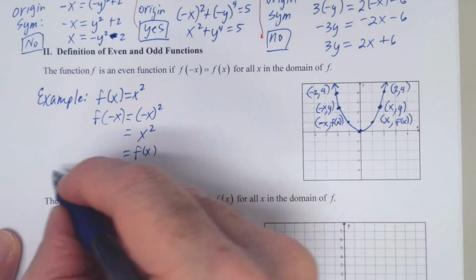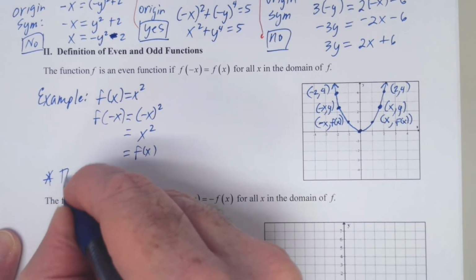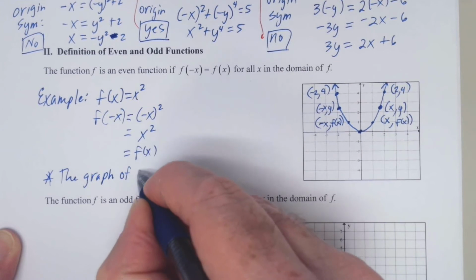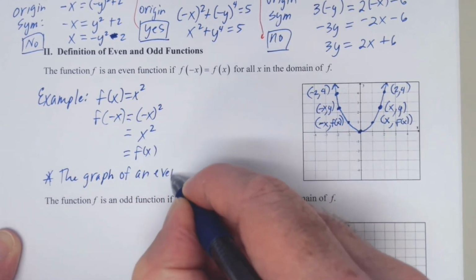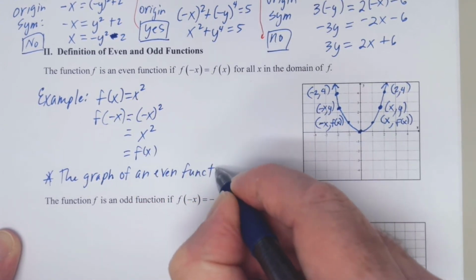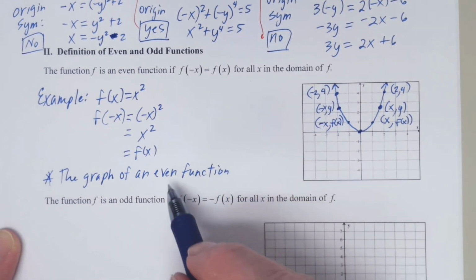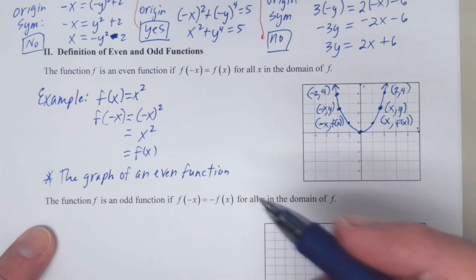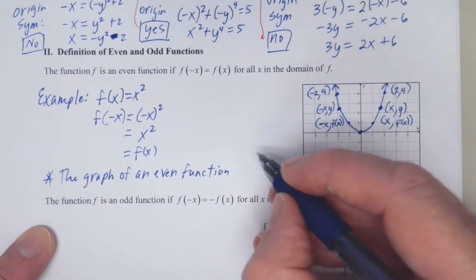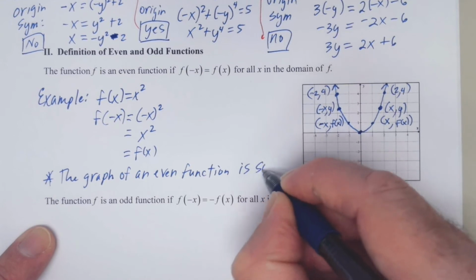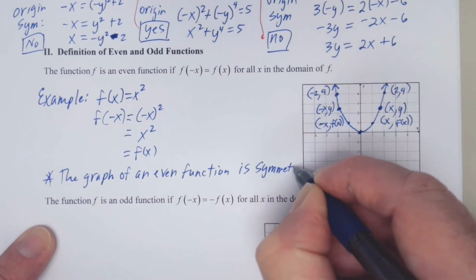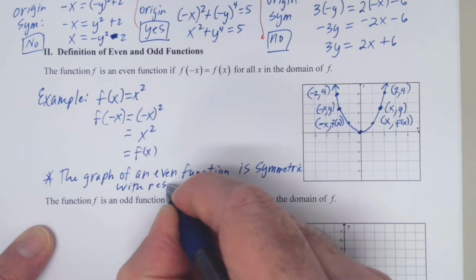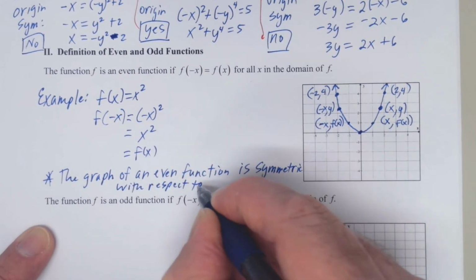So I want to make a comment here. The graph of an even function, so this is called an even function because of the fact that it meets this requirement. The graph of an even function is symmetric with respect to the y-axis.